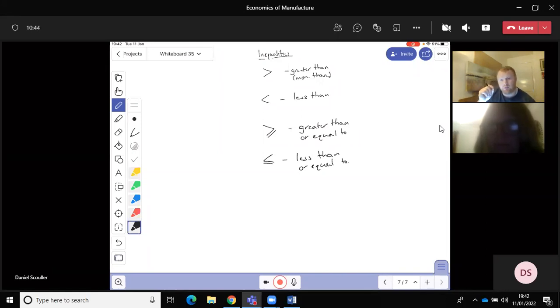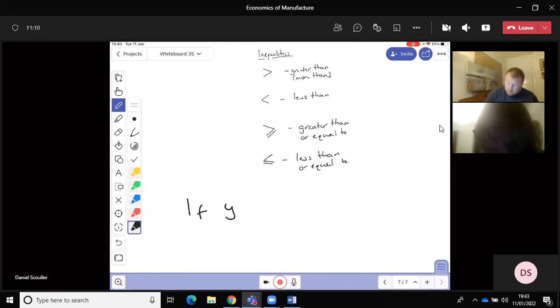That's very, very important. There's only one thing here that's going to trip you up. We're using the exact same rules, unless you're dividing by a negative, then you need to flip the sign round. We'll do plenty of examples and we'll try and make sense of that. So just take a wee note of that.